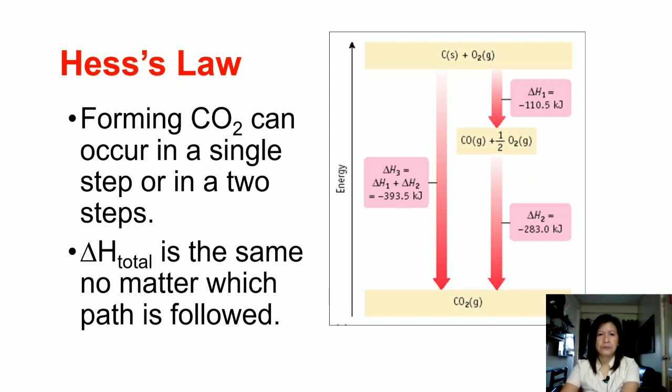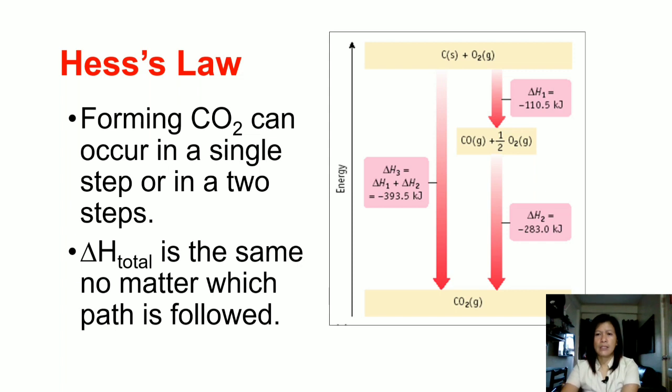In step 1, the amount of energy lost by the initial reaction is negative 110.5 kilojoule. Why negative? As I said, for energy released or given off, the amount of energy is denoted by a negative value.